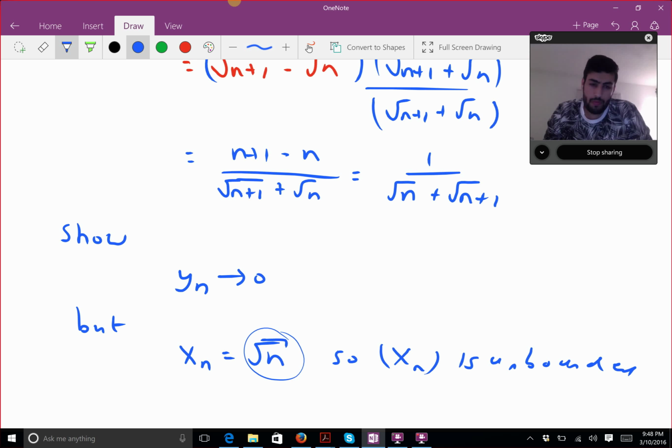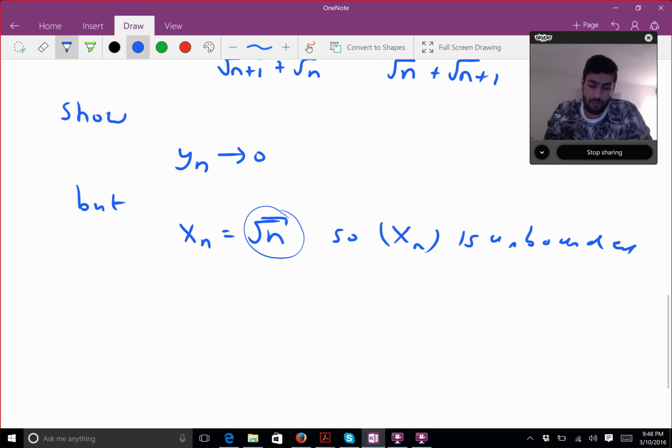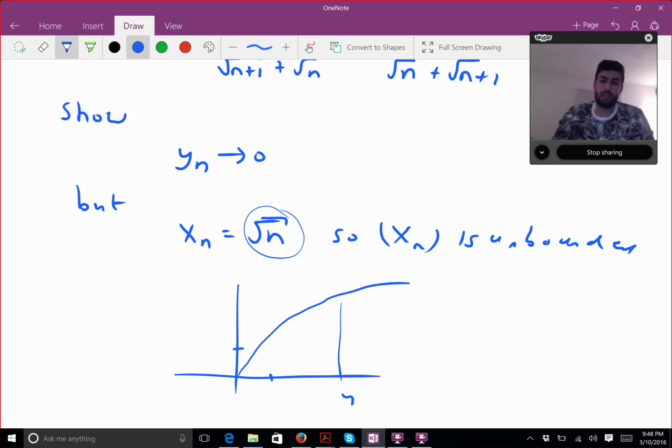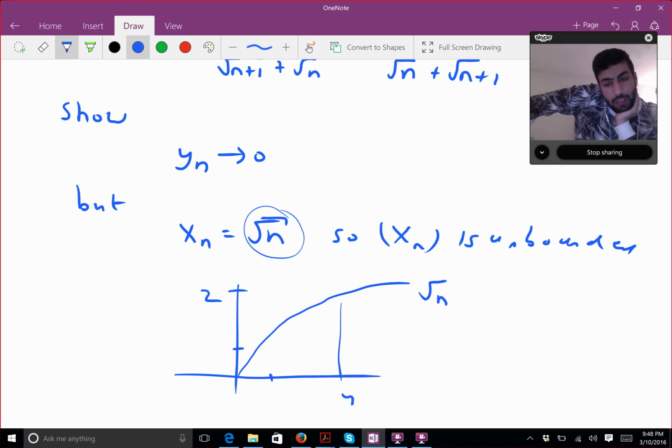If you look at the function, 1 is 1, 4 is 2, and it keeps getting bigger and bigger, so it goes off to infinity. Any sequence that's unbounded can't converge. We said that earlier. So therefore, x n does not converge.